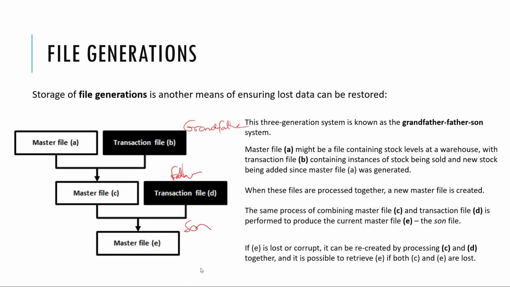You can have children as well. You can have great grandfathers, etc. But basically, a file generation is just a derivative of something else. And that's it. Simple as that, people.